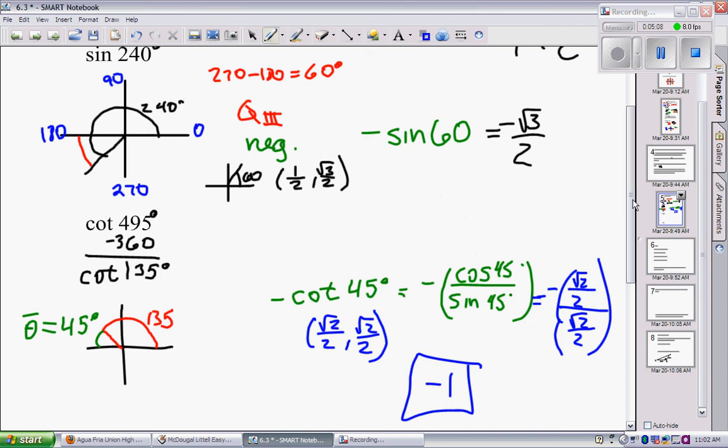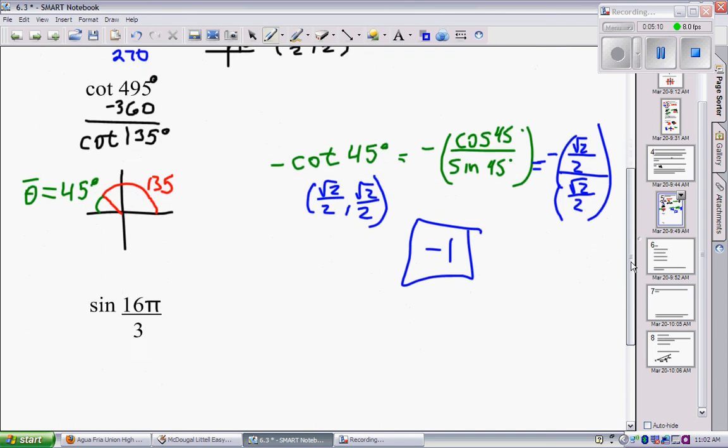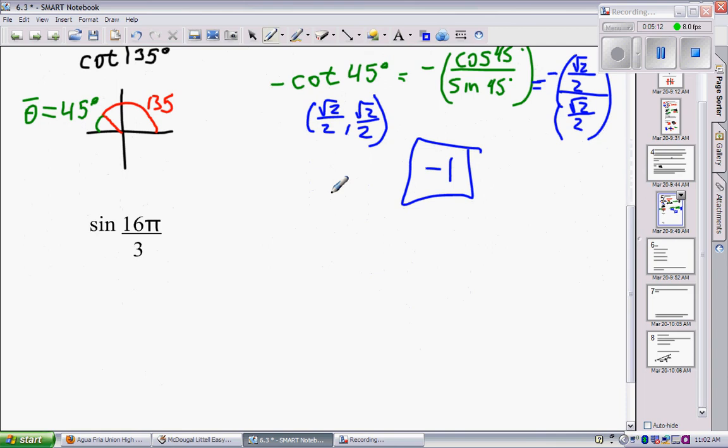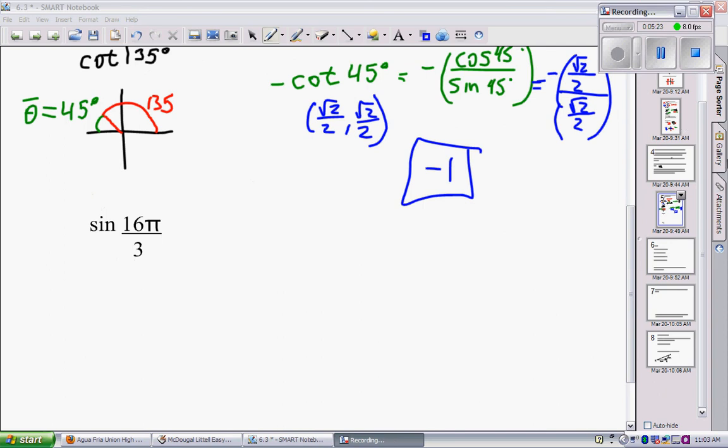You can also be given your starting value in radians. It's no different. You're still seeing where does this fall on the circle. So we have sine of 16 pi over 3.